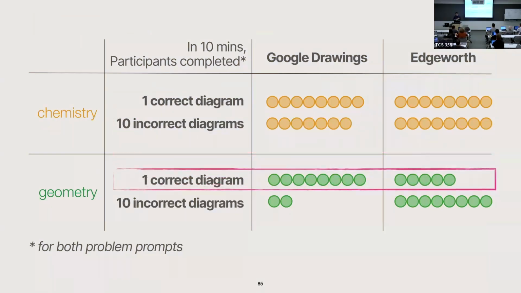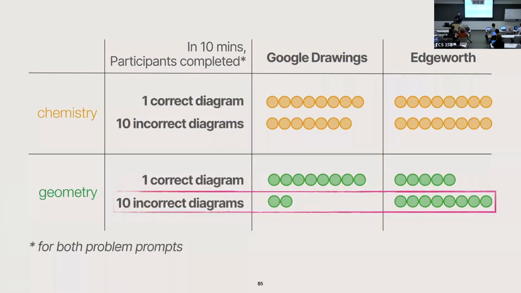For geometry, 3 couldn't complete the Substance programs for at least one of the prompts, and all made 1 correct diagram in time with Google Drawings. However, 6 out of 8 participants in the geometry group couldn't finish 10 incorrect diagrams in 10 minutes using Google Drawings, while they all succeeded using Edgeworth.